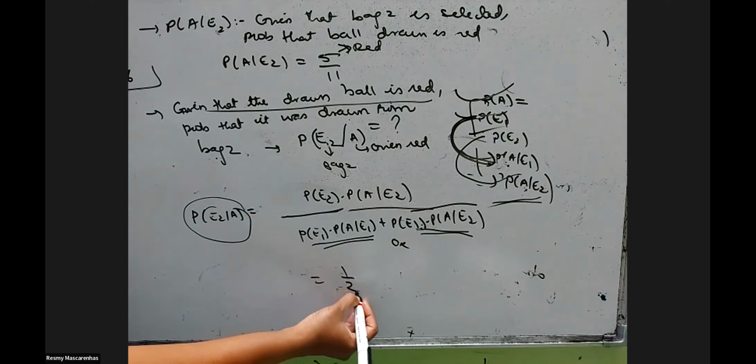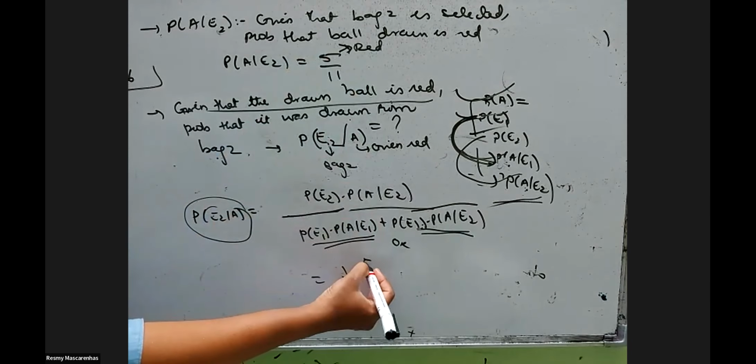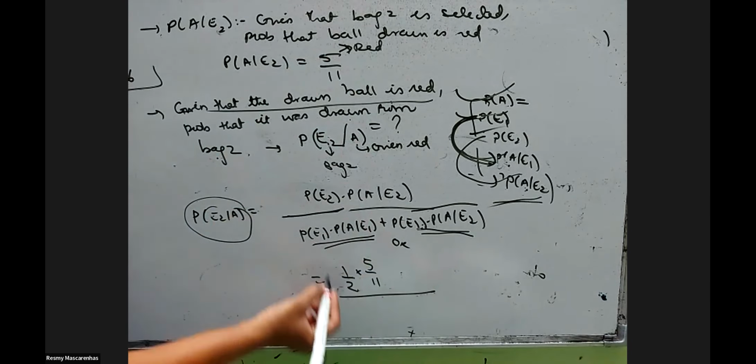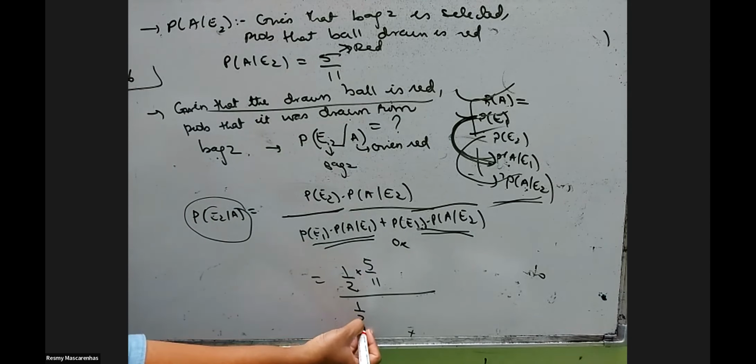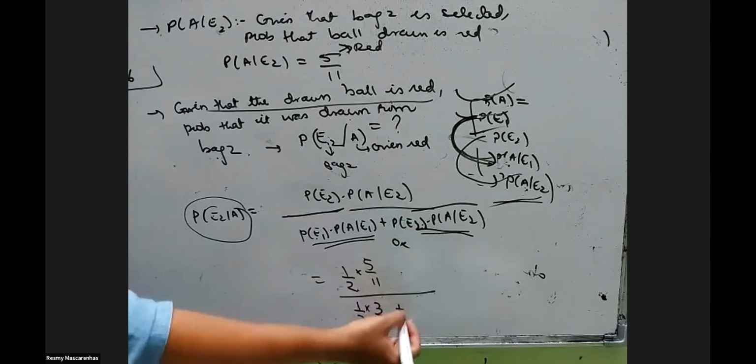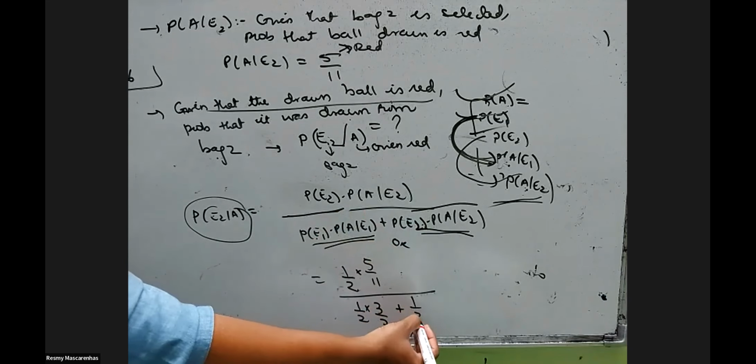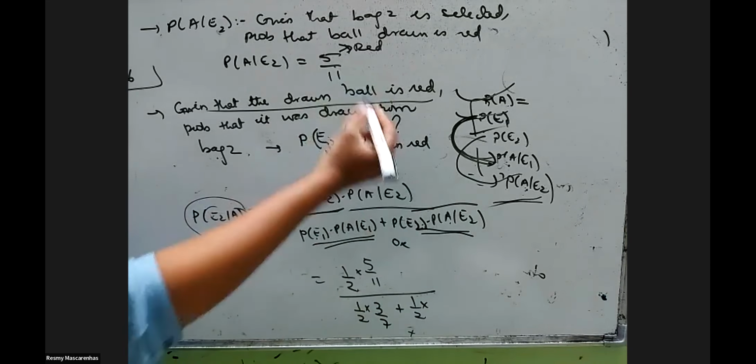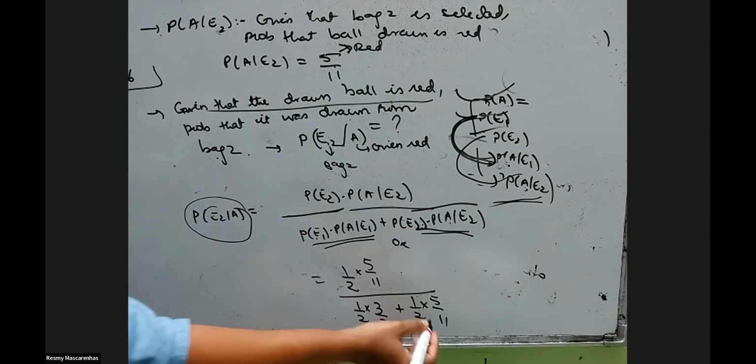Half. P of A upon E2 is 5 upon 11. Then P of E1 is half, P of A upon E1 is 3 out of 7, plus P of E2, which is half, into P of A upon E2, 5 upon 11. And now you have to calculate.